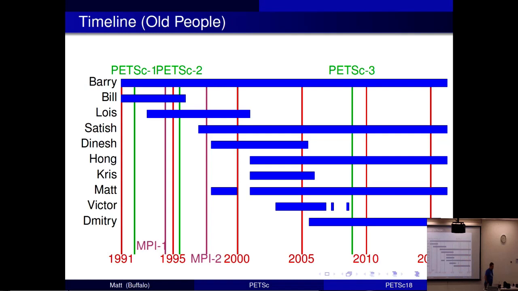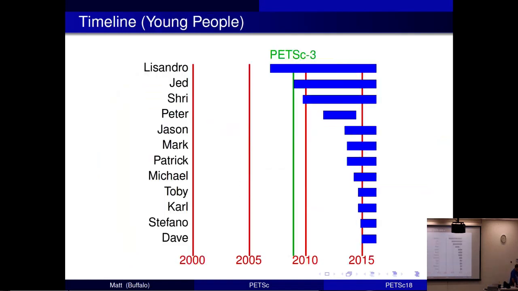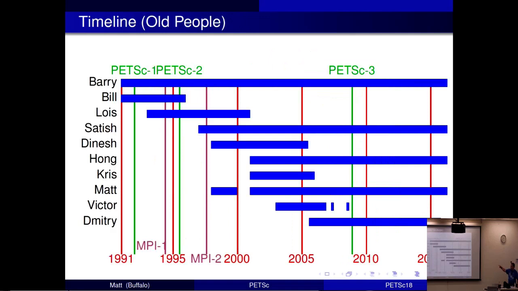But now what you can see is there are very many people that are not old that are developing. And this is where some of the most exciting new stuff comes from in the package. So I had to make a new slide. And so that's why it's a very exciting moment to start contributing your code to PETSc. You can be with all these people working very hard instead of these people with tenure not working as hard.